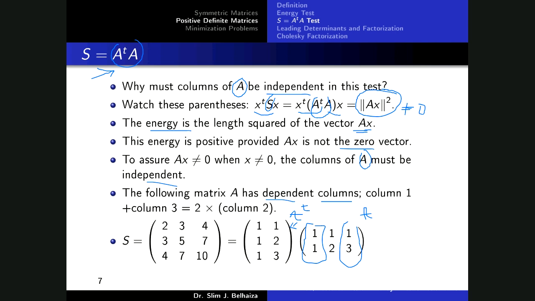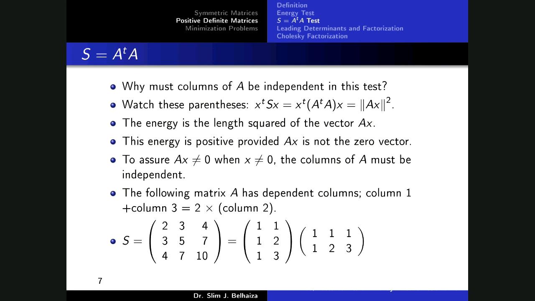If you divide by 2, you get back column 2, which means that column 2 is just column 1 plus column 3 divided by 2. So the columns of A are not independent, as you see here. And this is for the case where you're trying to write S as A^T times A with independent columns. Here we did not succeed, in fact.